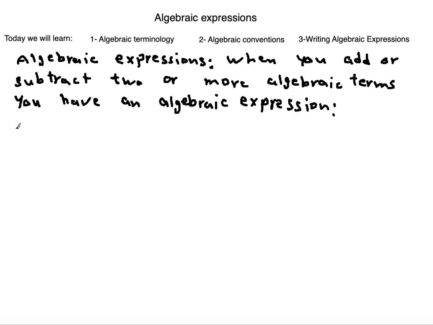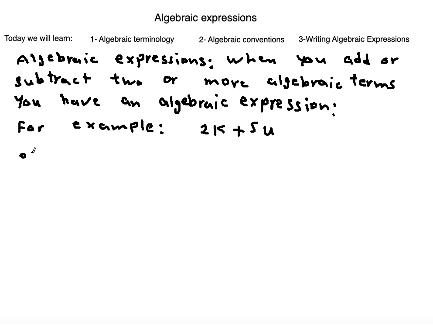For example, 2k plus 5u. 2k is one term, 5u is another term, and we are adding them. So this is an algebraic expression.